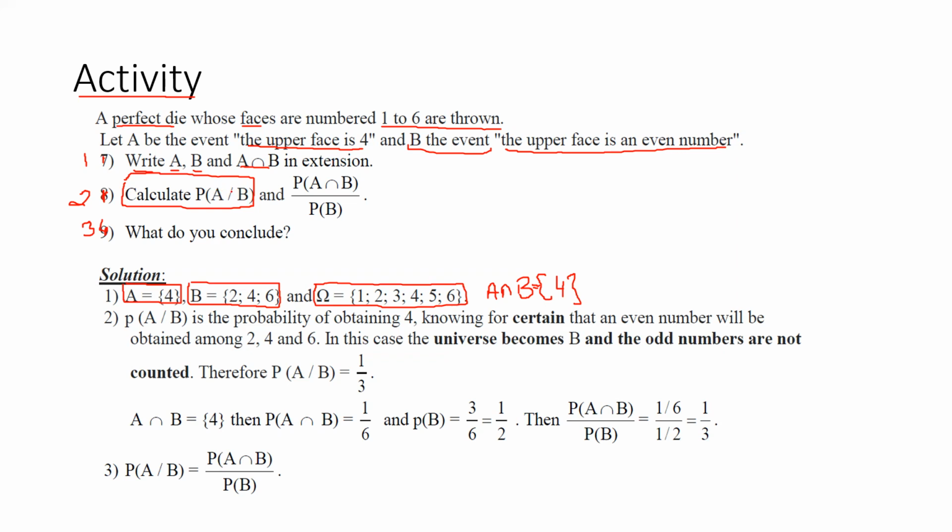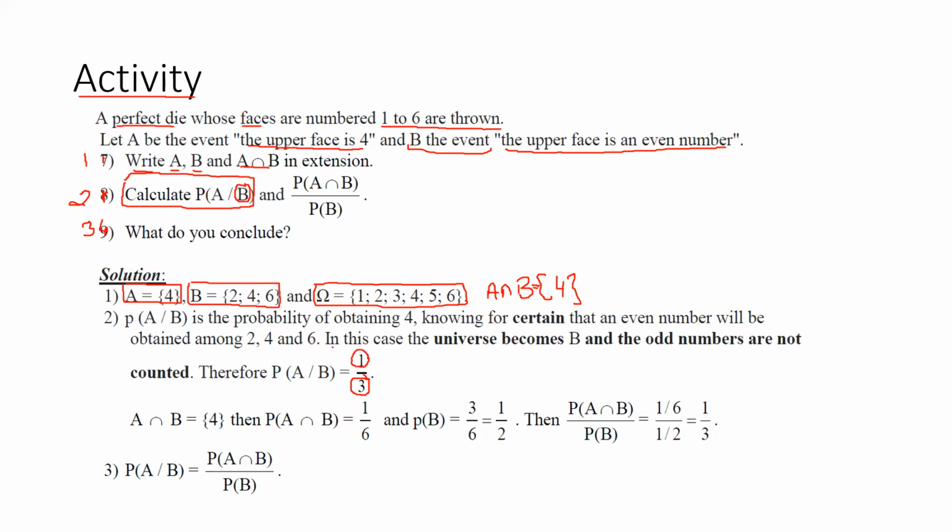So probability of A given B, knowing that the upper face is even. How many elements do we have in the set B? In set B, we have 3. Among these 3, how many number 4 do you have? 1, which is 1 over 3.